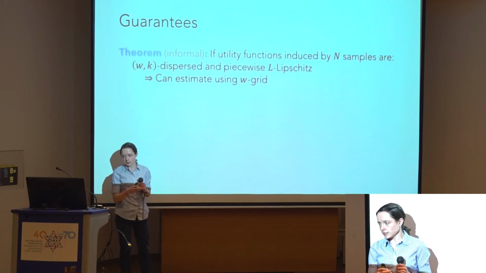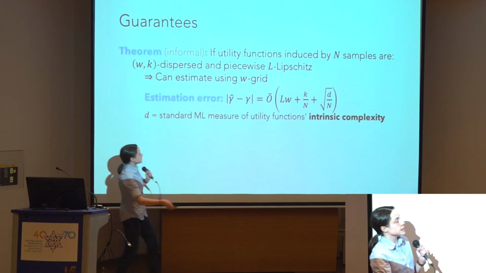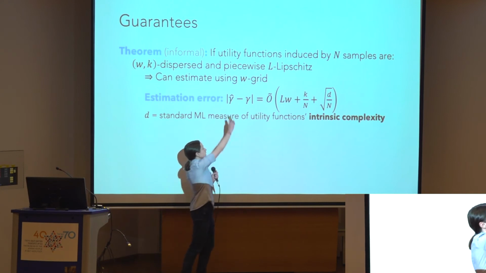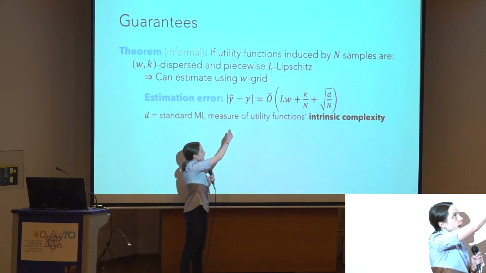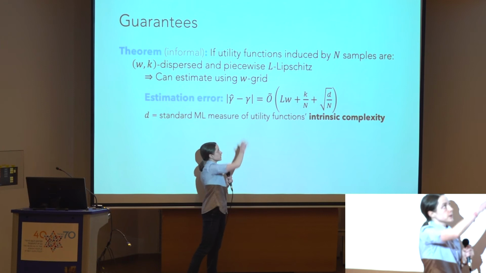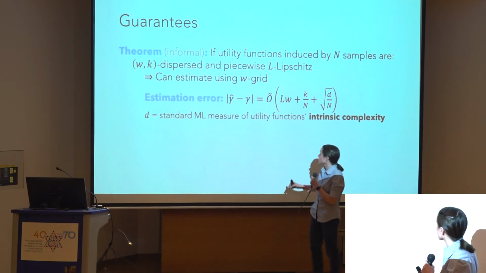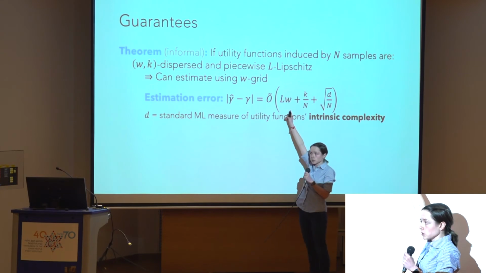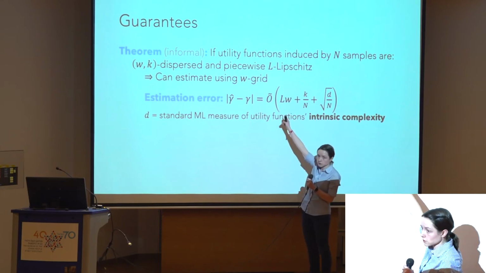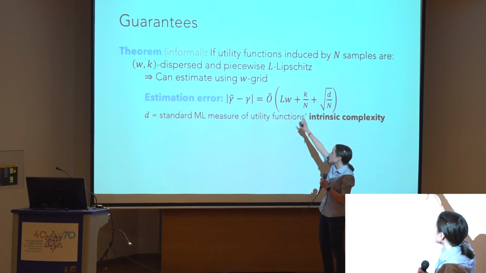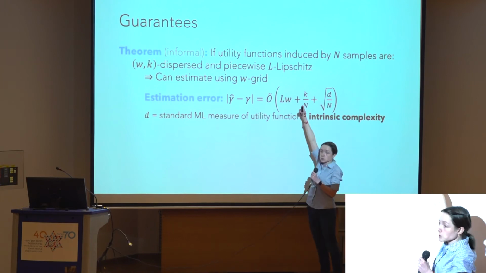And our guarantee is that with high probability, the difference between gamma hat, our estimate, and gamma, the true incentive compatibility approximation factor, is at most Lw, where L is the Lipschitzness factor of these utility functions. w and k are the dispersion parameters.